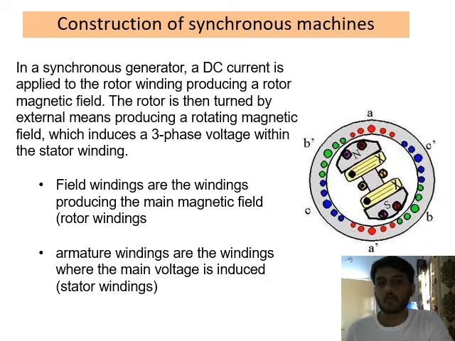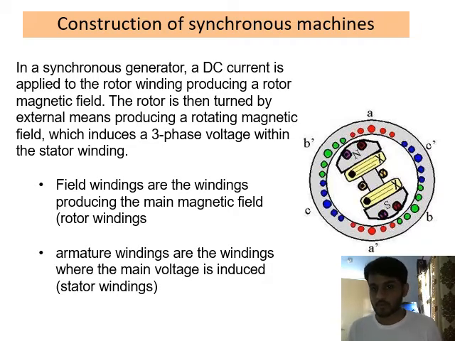A rotor is then turned by external means, producing a rotating magnetic field, which induces a three-phase voltage within the stator winding. The synchronous generator is also not a self-start machine.